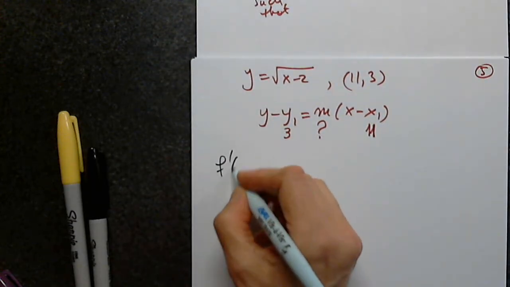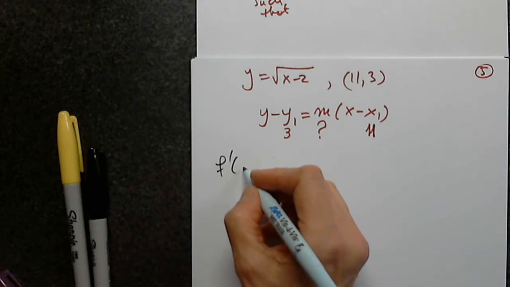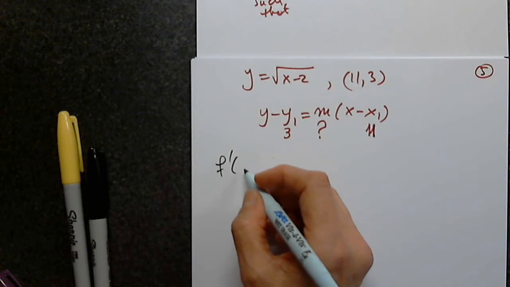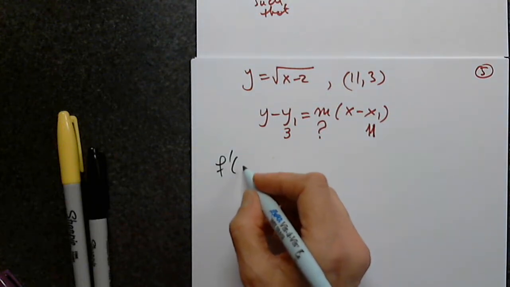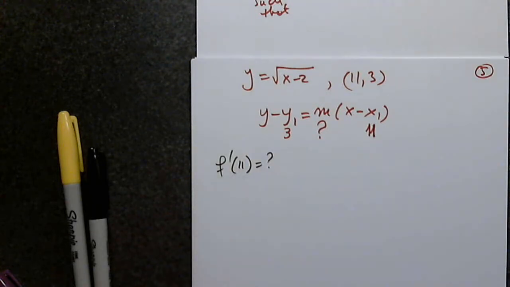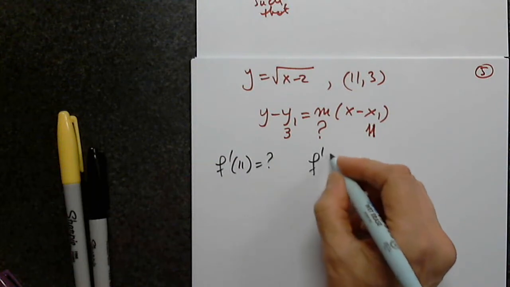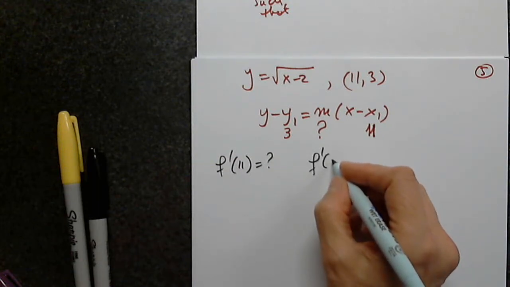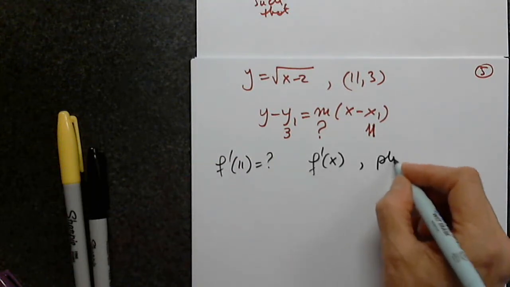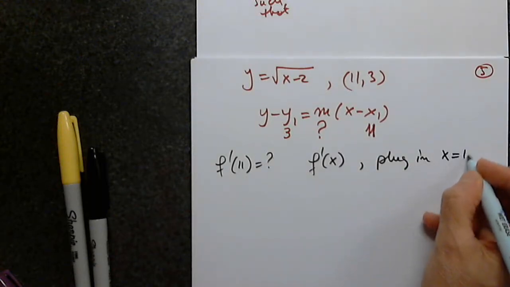Very good. We have to find f prime of 11, which is the limit with the square root of x plus h minus 2. Or another option is to find f prime of x and plug in x equals 11 at the end.